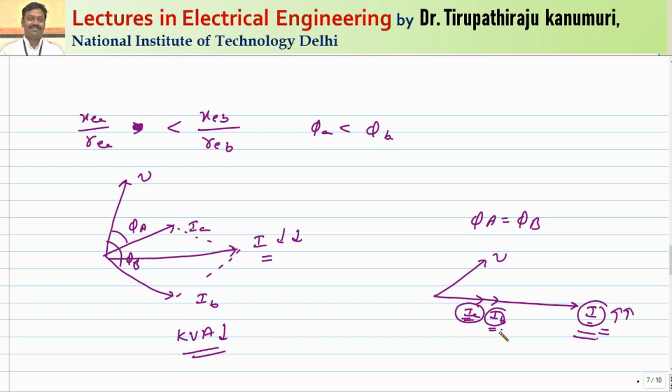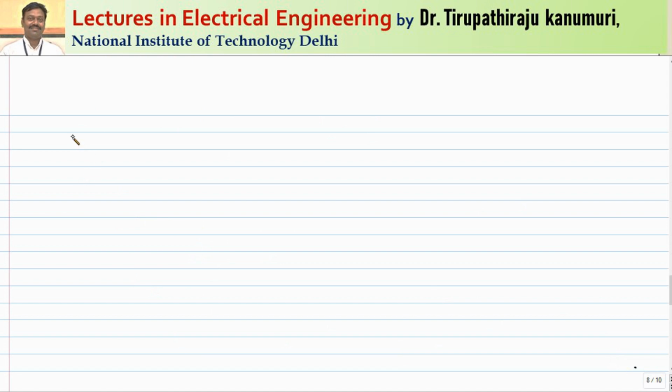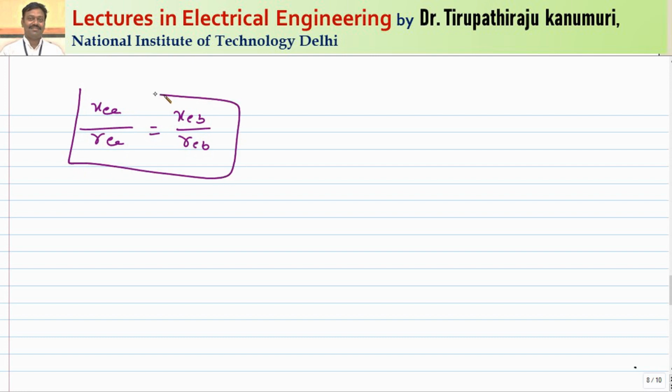This is our observation. So let us try to summarize it. From this we can tell that XEA by REA should be equal to XEB by REB. So this is also a desirable condition.